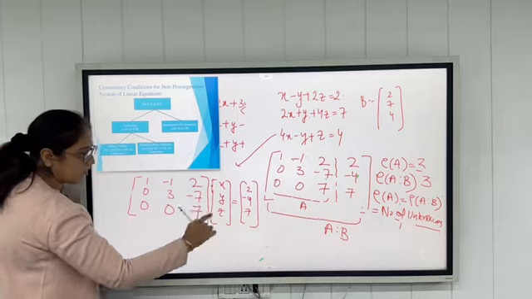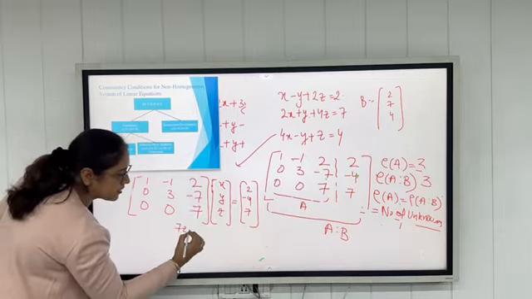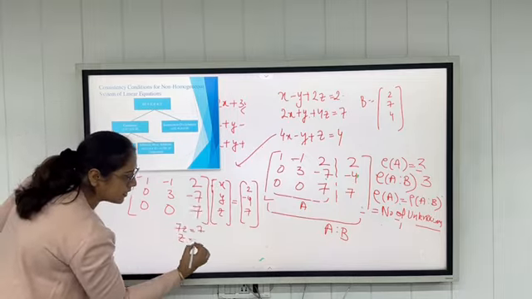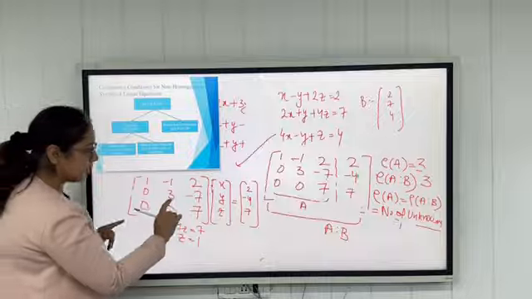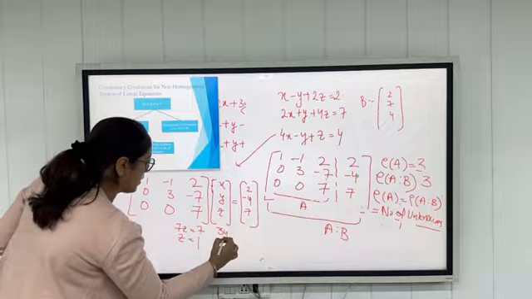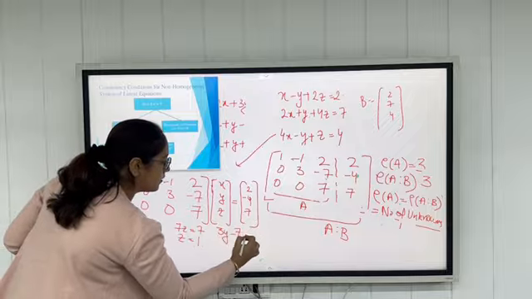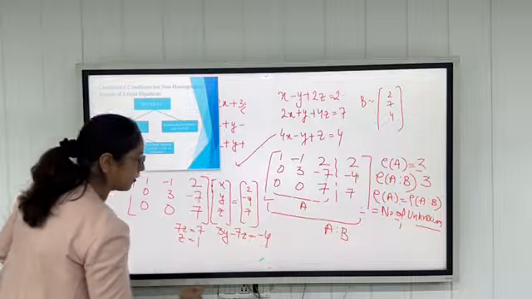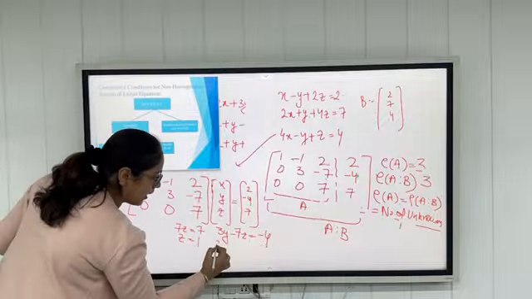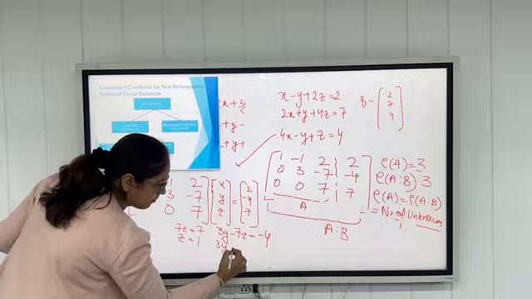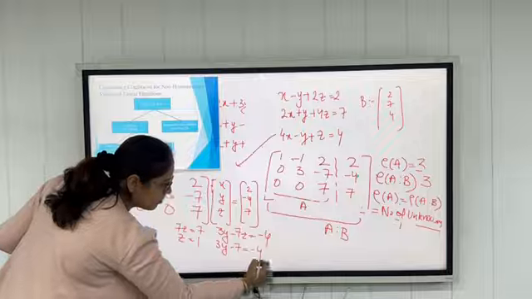So when you multiply this, you will get 7z equals 7, so z equals 1. Similarly, you will get 3y minus 7z equals -4. When you put z equals 1, you will get 3y minus 7 equals -4.